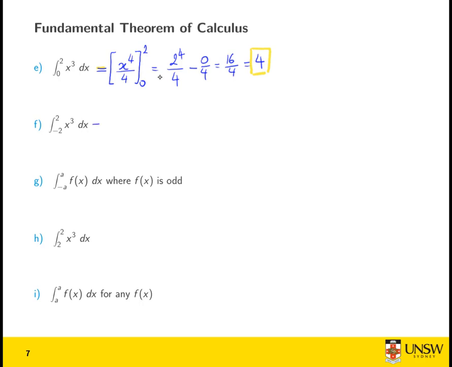Now let's do the same for this one. It's the same antiderivative. When I sub in, I get 2 to the 4th on 4 minus (-2) to the 4th on 4, which is 4 minus 4, and that's 0. So suddenly we wonder why we get 0. Maybe by sketching the graph we could have seen from the beginning we were going to get 0.